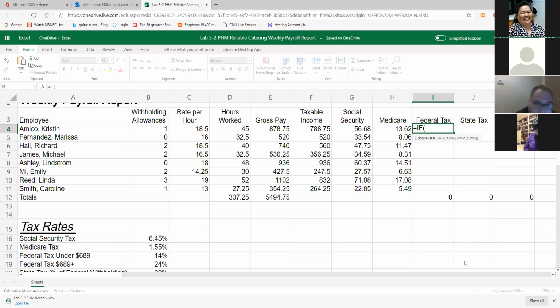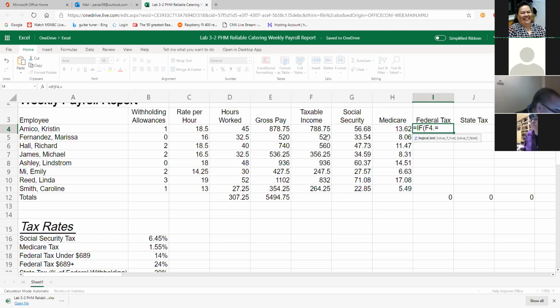So it's gonna be IF, parentheses. If the taxable income is greater than, the taxable income is gonna be our thing. So where's it, right here? If this F4 is greater or equals to, so it's greater right here or equals there.